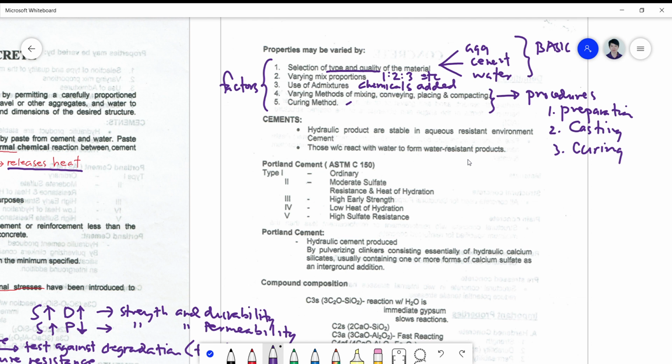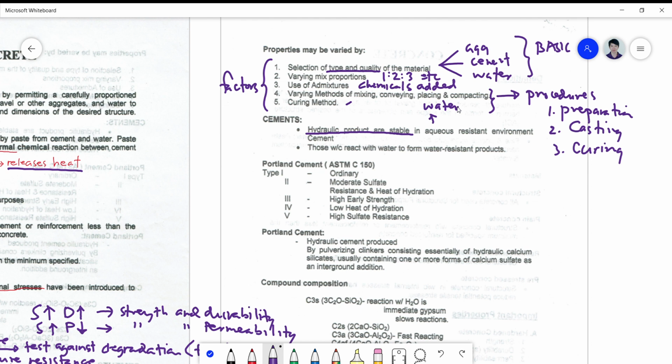For the definition of cement, we have it defined as a hydraulic product that is stable in water. That's why concrete is highly resistant to a very wet environment.